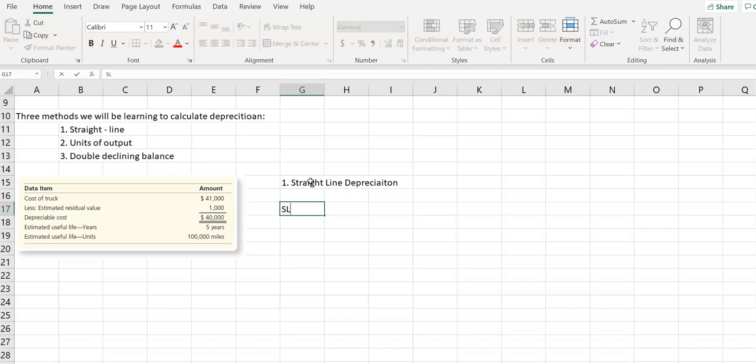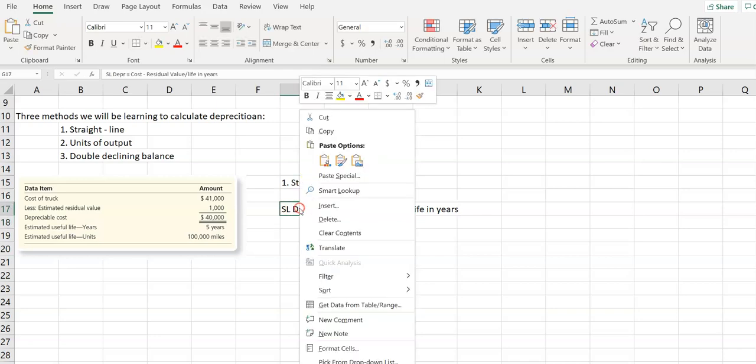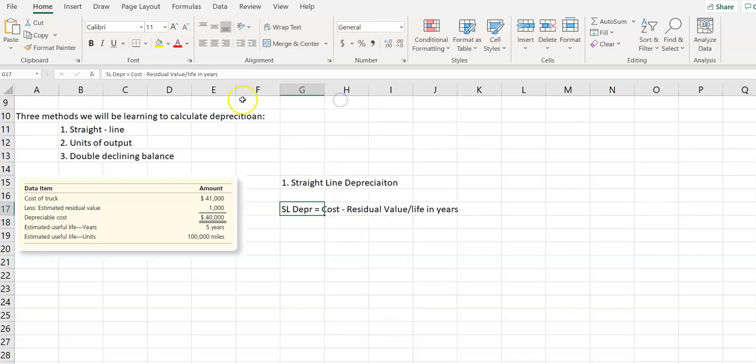All right, straight line depreciation. Notice my little abbreviation here, SL. Straight line depreciation is cost minus residual, so it's the depreciable cost, and then that is divided by life in years. Okay? Put some parentheses in here.